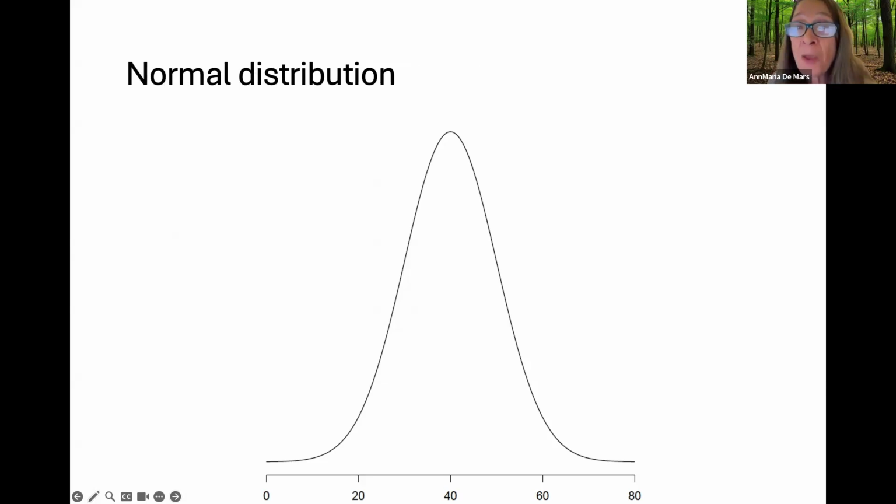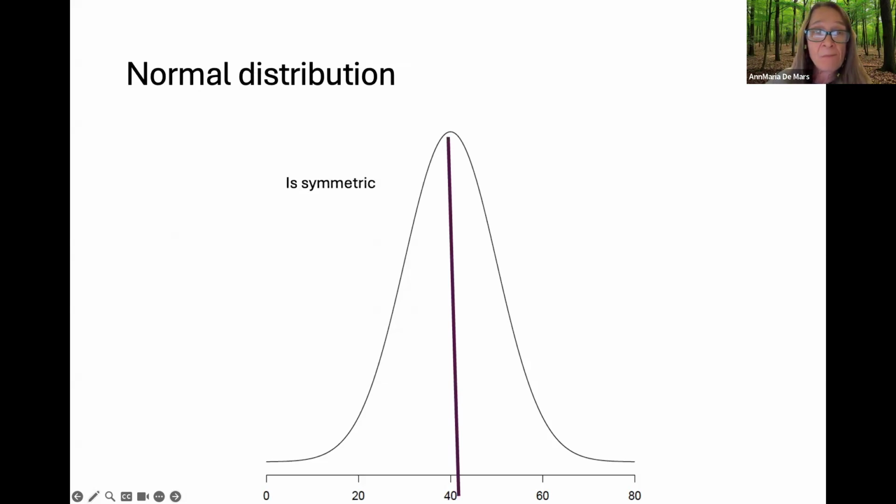You'll notice that the two halves are mirror images of one another. So it's symmetric. And the more extreme a score is, the less likely it is to occur. And that is equally true for extremely low scores or extremely high scores. And it only has one peak. So it's symmetric and has one peak.